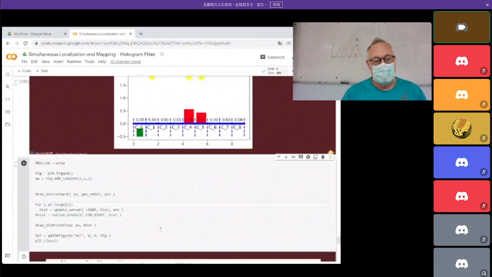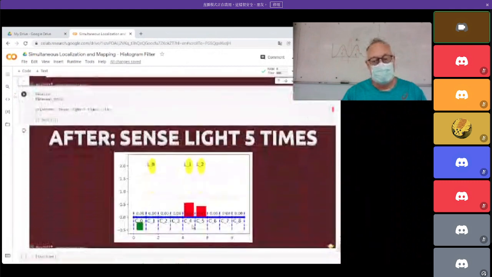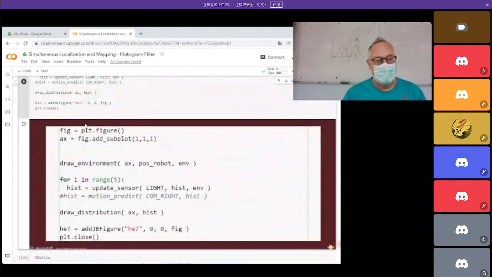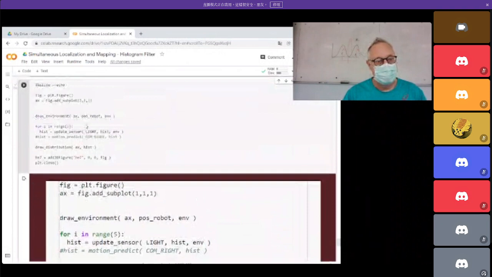So if I sense light, it doesn't get more information to distinguish between those two, except this small 0.01 part will now be distributed between those two. It's more interesting if I sense empty here.